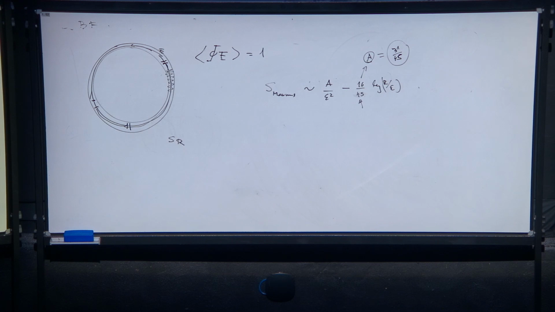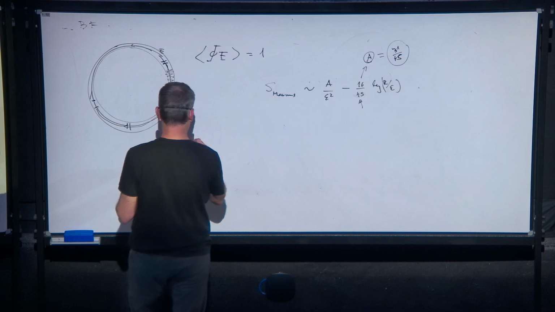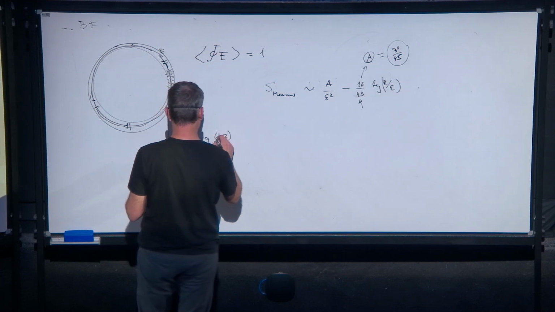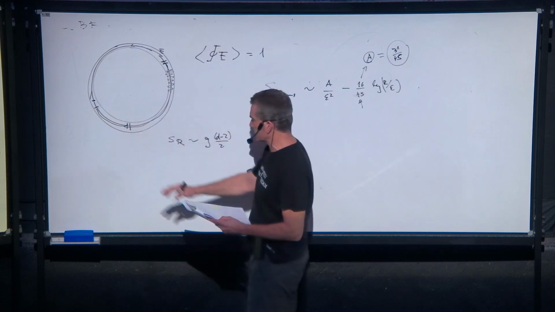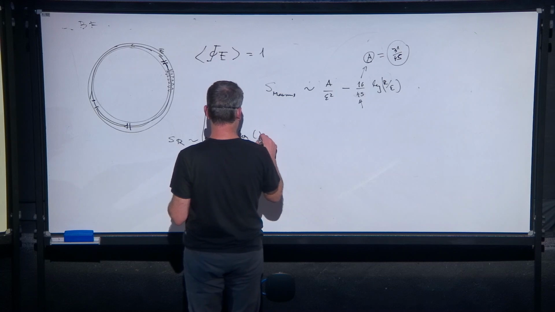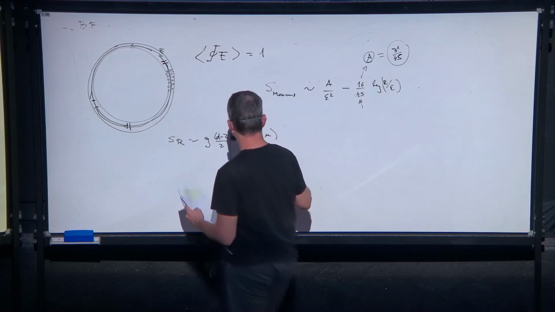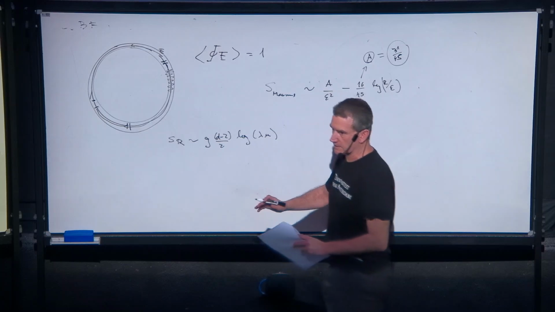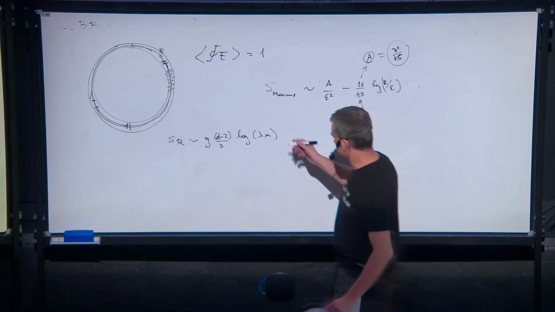The derivative of the scalar. Okay? So the relative entropy in that case goes like G (d minus 2)/2 times log lambda mu. This lambda is the size. So I'm here taking this is the radius, if you want.